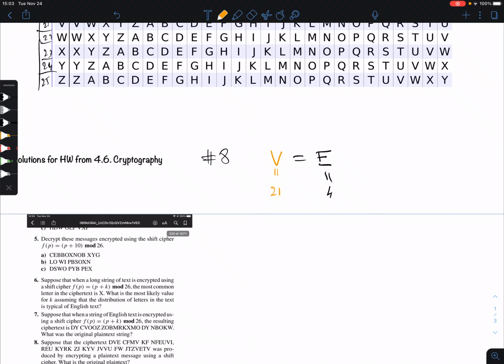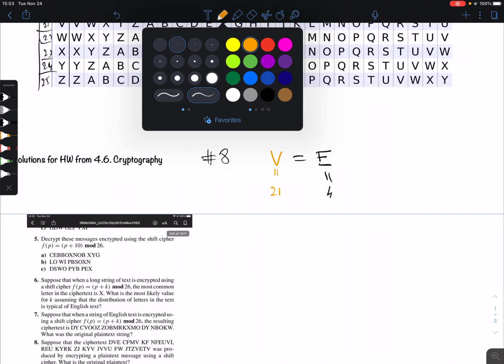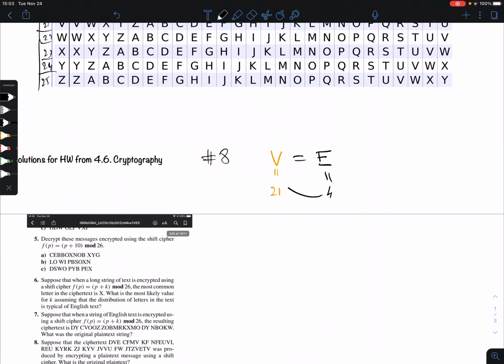So now think, black is the original, and you're making it into a red and orange one by adding a certain amount, and what we add here is 17. So to go from there to there, we added 17, so we think that our encryption key is 17. That's a guess.